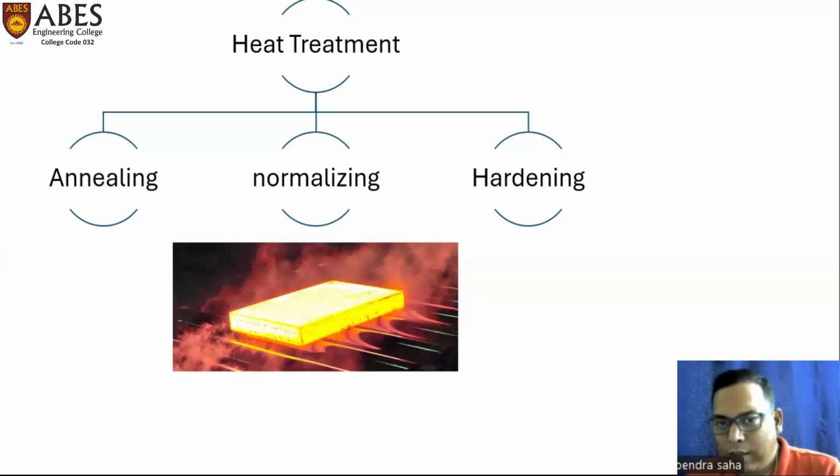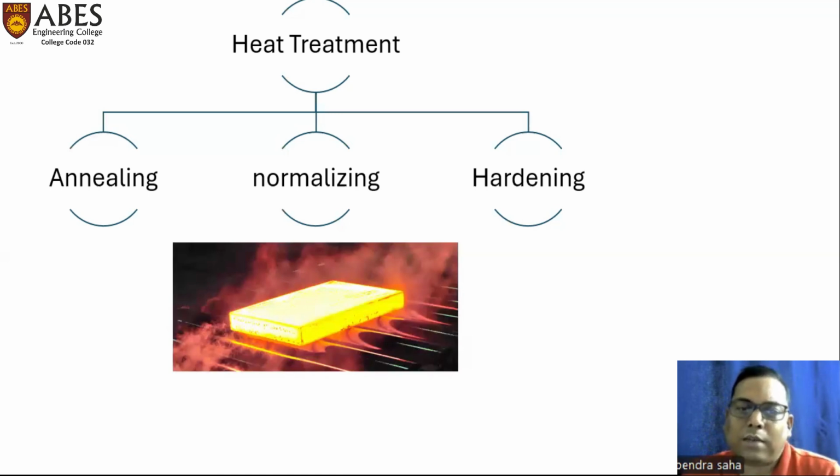Most of the time here we are discussing the heat treatment of steel, because steel is one of the best examples through which heat treatment can be easily understood. Depending on the carbon percentage, steel is divided into two types. Number one is hypo-eutectoid steel, and number two is hyper-eutectoid steel.